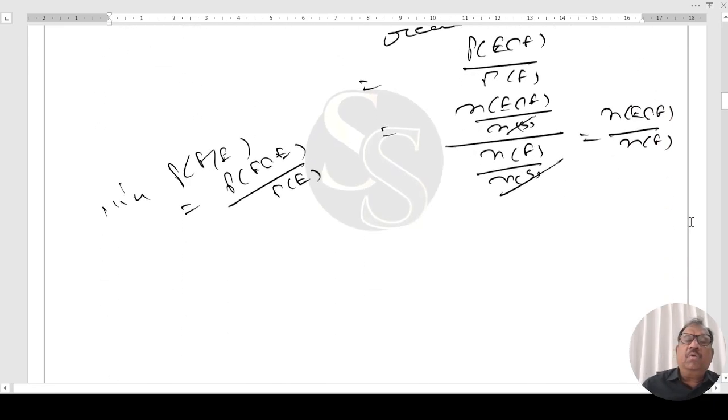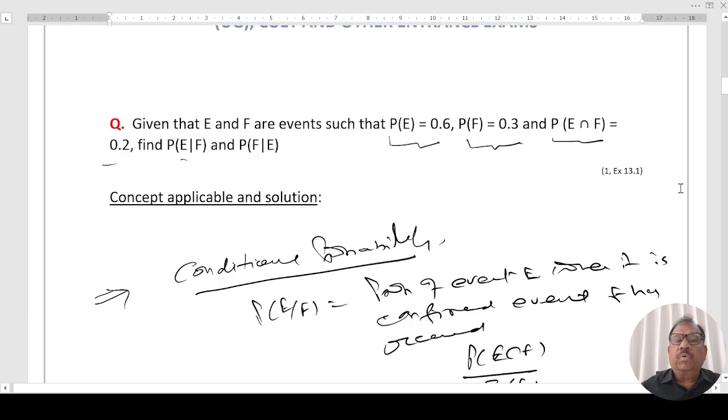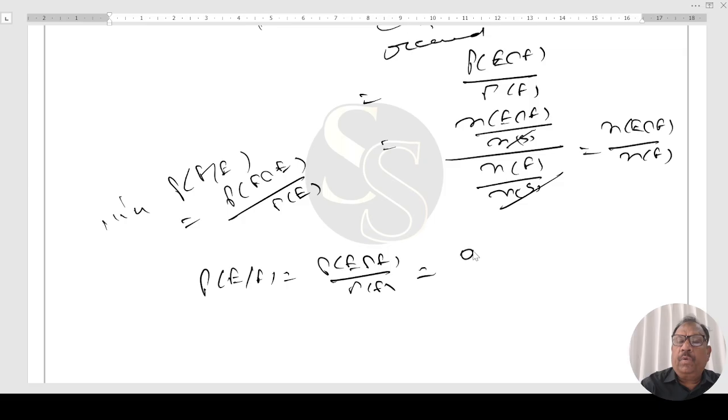We have to find P(E|F). P(E|F) is equal to P(E intersection F) over P(F). Substituting values, 0.2 divided by 0.3, that is 2 by 3, is the answer.